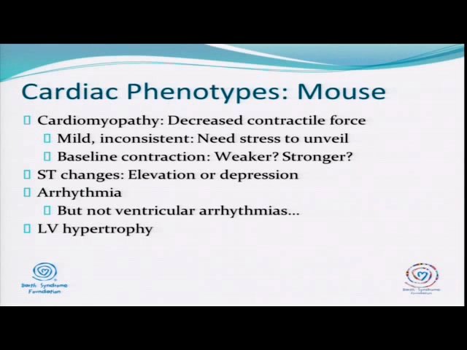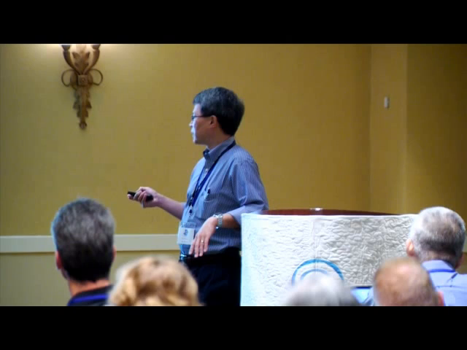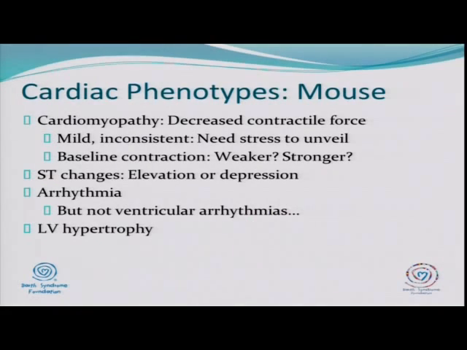So in summary, if we look at these cardiac phenotypes, the cardiomyopathy, we see decreased contractile force under stress echo. We need the stress really to unveil it. Zaza has some data where he further stresses them with isoproterenol subcutaneously. The interesting and puzzling thing is that some of the published data show that, as you would expect, at baseline, when you look at these hearts, they're 8 or 9 months old, these mice, the baseline ejection fraction or shortening fraction seems to be lower than in a wild-type mouse.